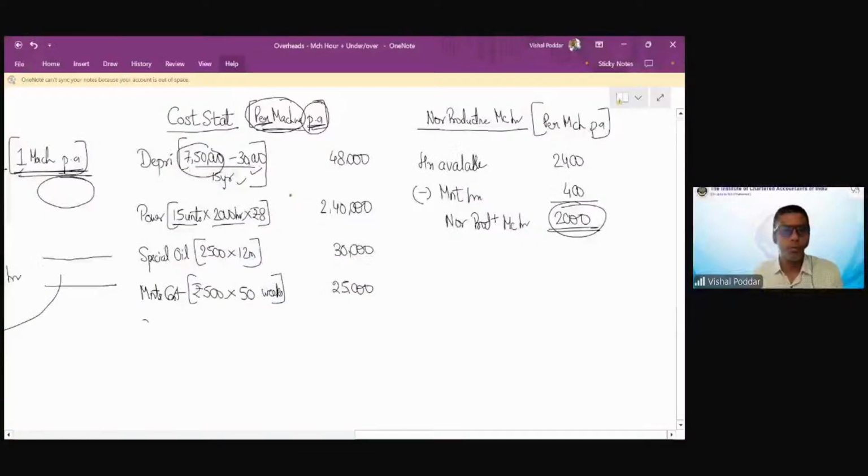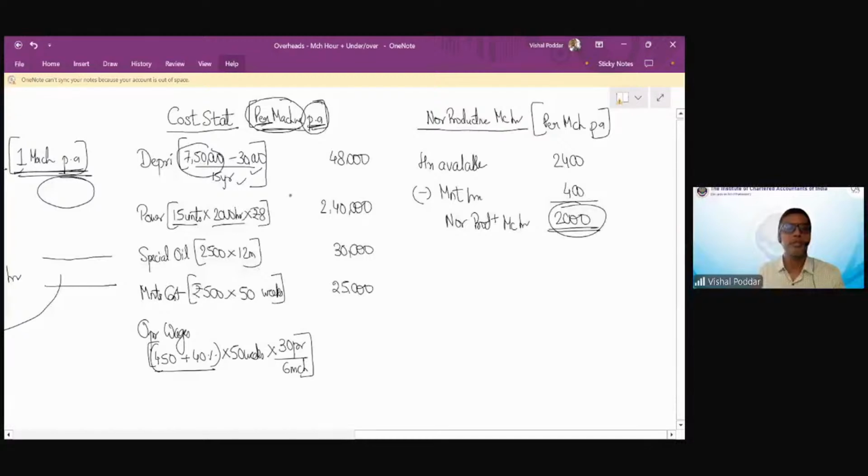So operators' wages. Now 450 plus 40% is firstly their wages per week, multiplied by 50 weeks, multiplied by 3 operators, upon 6 machines.